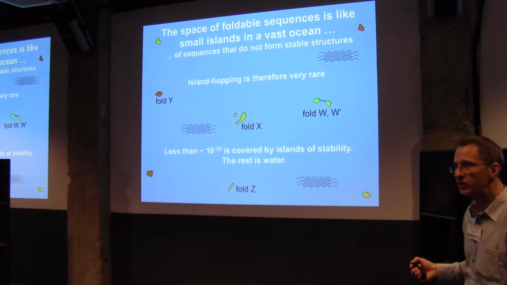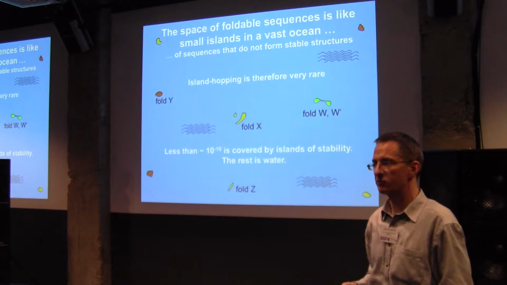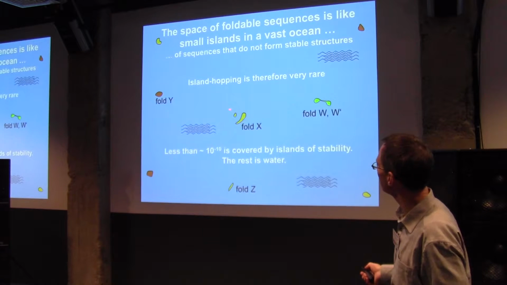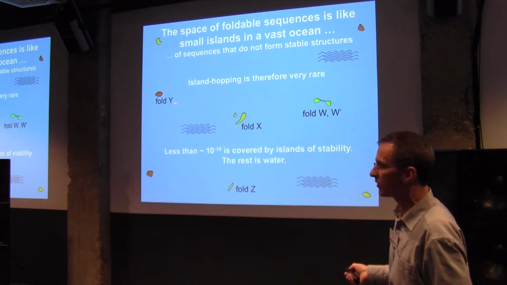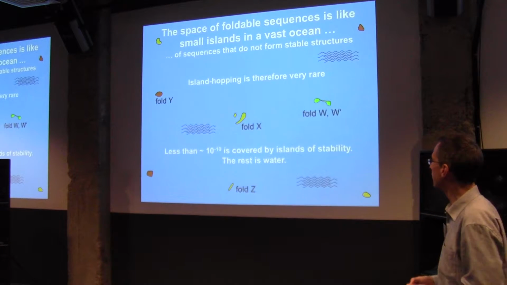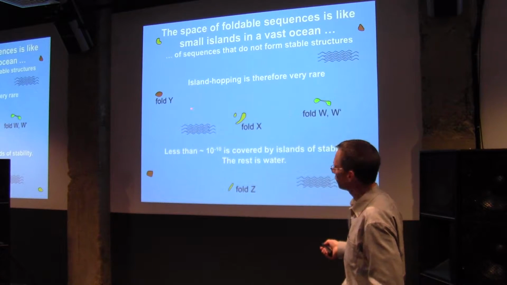These are the ones that are really optimized well over hundreds of millions of years. And if you want to change the fold, you have to somehow swim through water. So you have to go through a lot of space that is not optimal anymore until you reach a different fold that is stable again. And so evolution doesn't want to go through this water, of course.